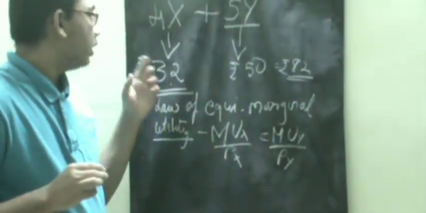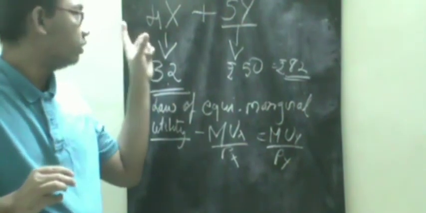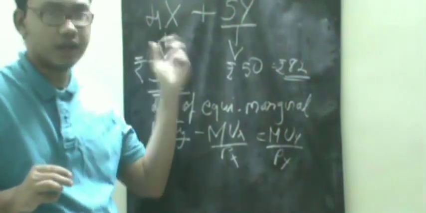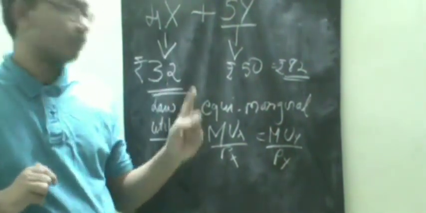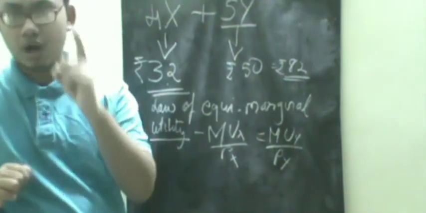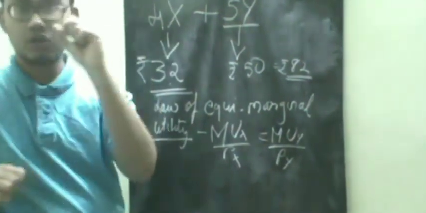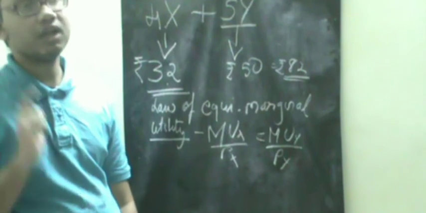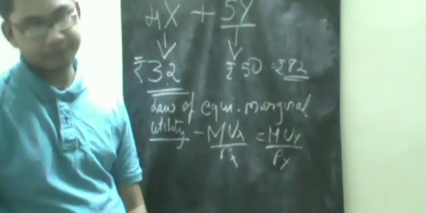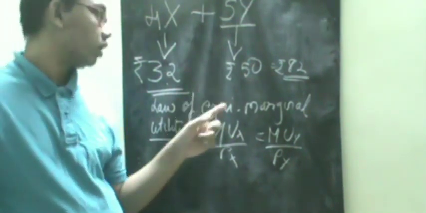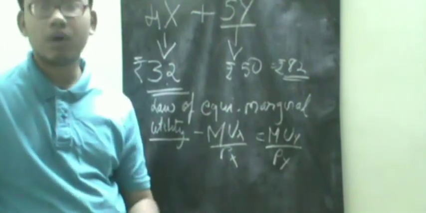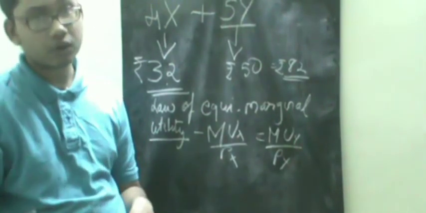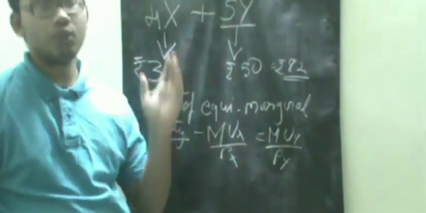Now, in this case, when he is consuming 4 units of good X and 5 units of good Y, MUx by Px will be equal to 1. MUy by Py is also equal to 1. Why? Because the condition is MUx is equal to Px. So this condition is satisfied. However, if he is consuming another unit of good X, this condition will be violated.